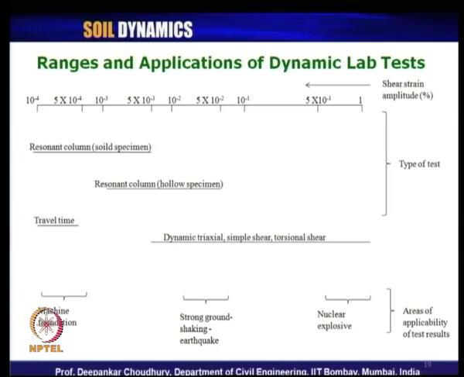Because in the case of machine foundation, we do not want the foundation or the entire assembly to displace by a large amount. So, displacement amplitude is always restricted to a very small amount. That is the reason why your machine foundation is subjected to very low values of shear strain.